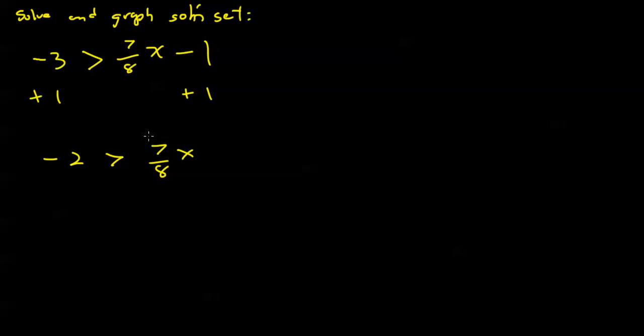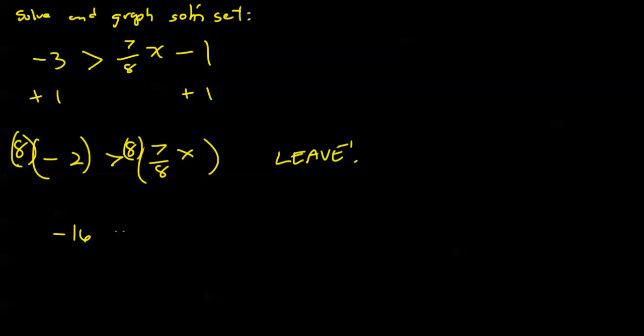Now, clearly I'm going to multiply both sides by positive 8. And when you multiply or divide an inequality through by a positive, you leave the arrow alone. On the left, positive 8 times -2 is -16, is greater than, on the right, the 8's cross cancel and I get 7x.